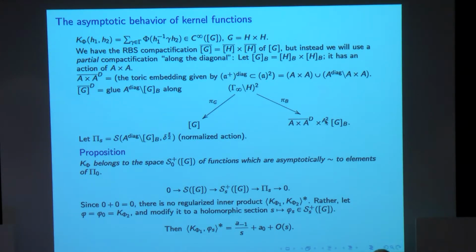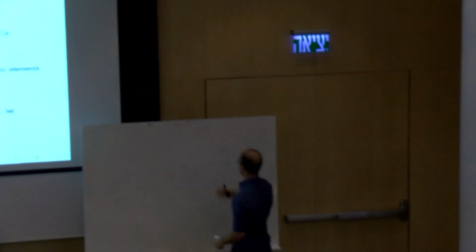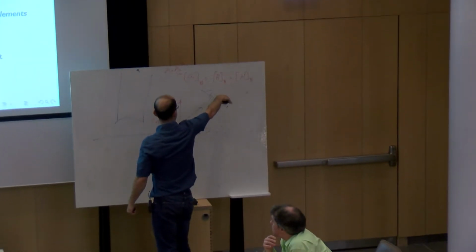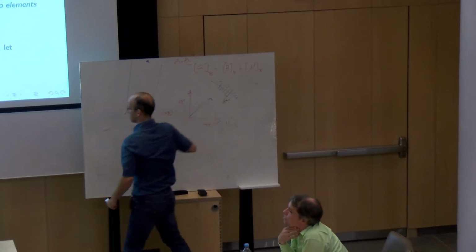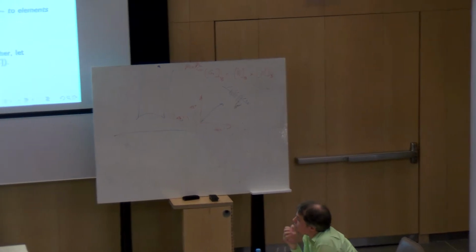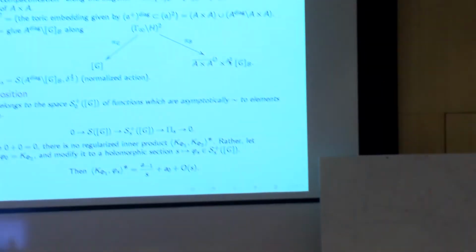This is a description of kernel functions. So they are not rapidly decaying, of course, otherwise all integrals would make sense. They are functions on brackets G which extend to sections of this sheaf over the compactification. Close to the extra orbit that I have added, they behave like eigenfunctions for a diagonal.